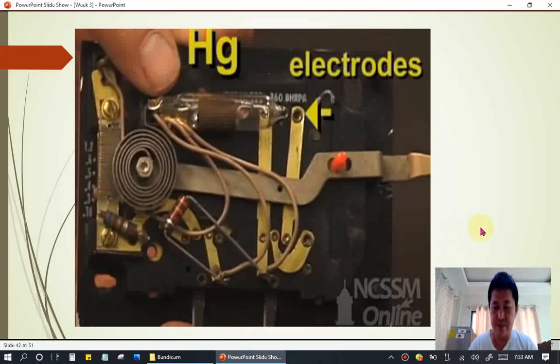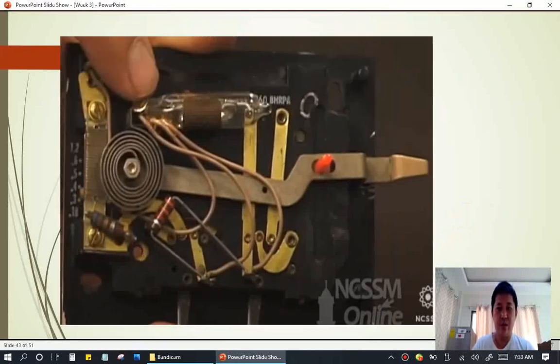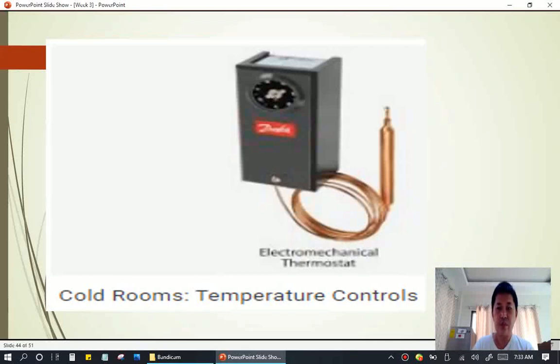So this one is your thermostat. This looks like the actual photo of your thermostat, for cold rooms temperature controls. This sensor probe is mounted in the room to detect the room temperature of your meat room, your fish room, and your vegetable room, and it sends signals.